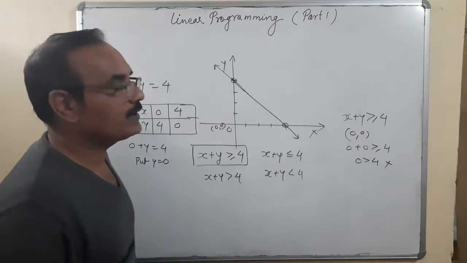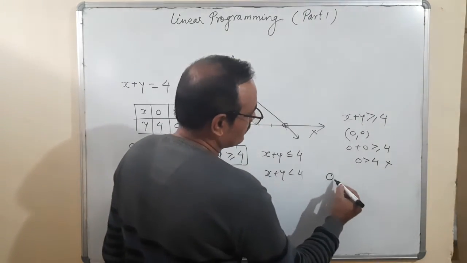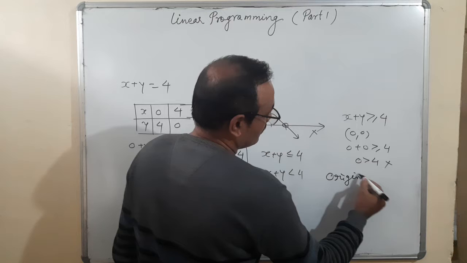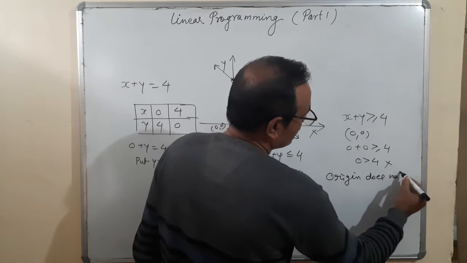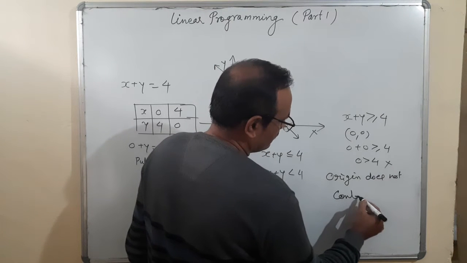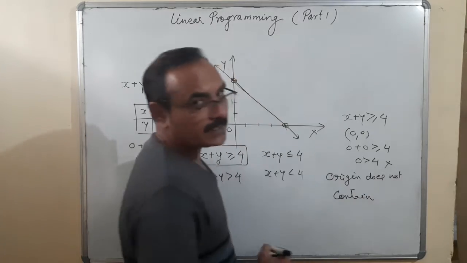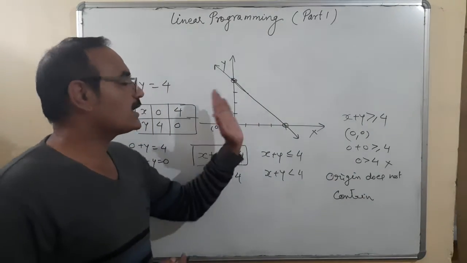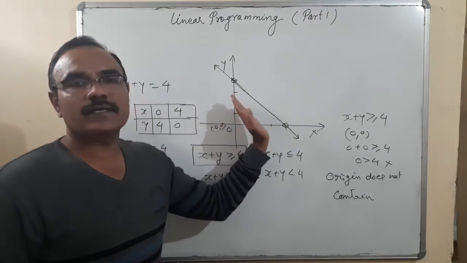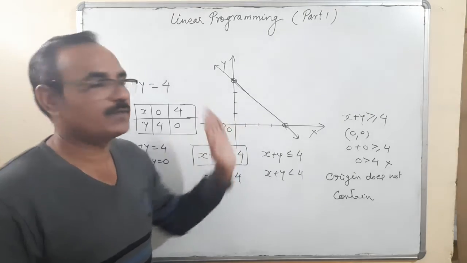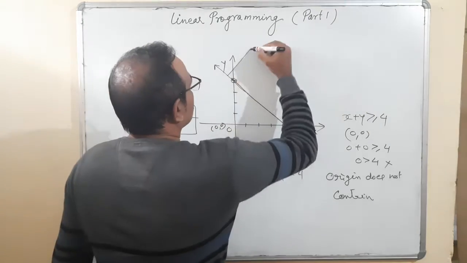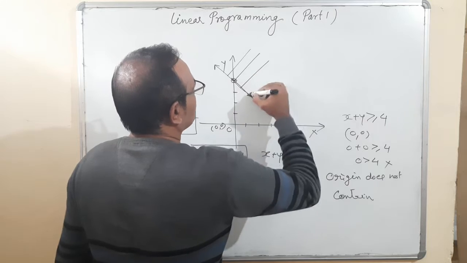Not true, what does it mean? The origin does not contain. And if the origin does not contain, that means this area is not feasible. The feasible area is away from the origin, this one.